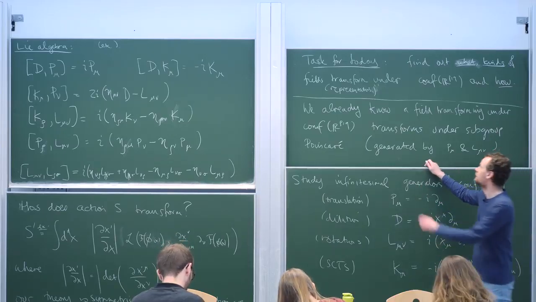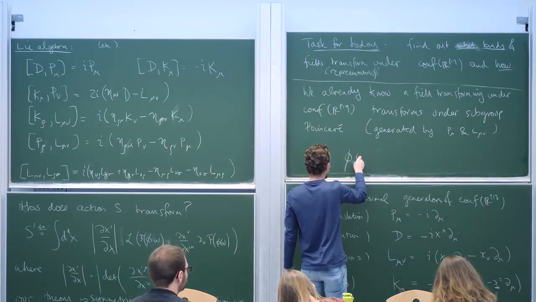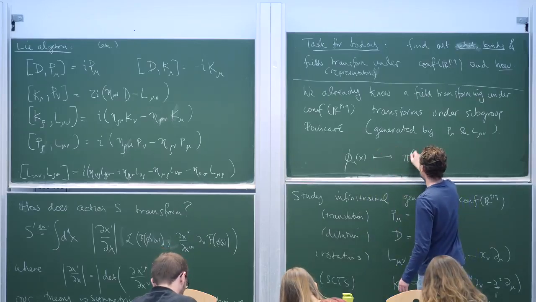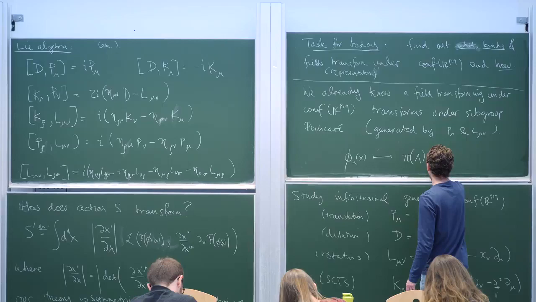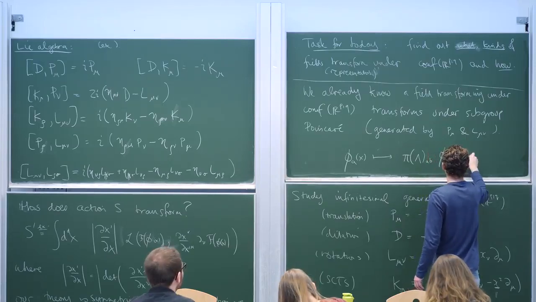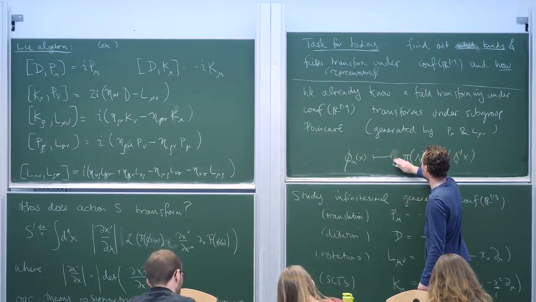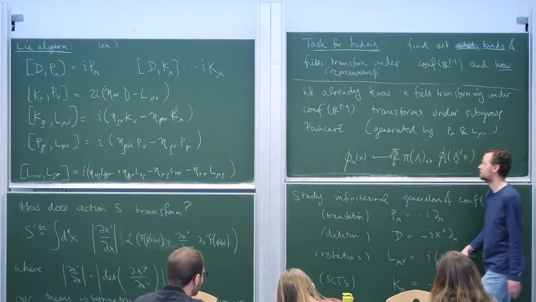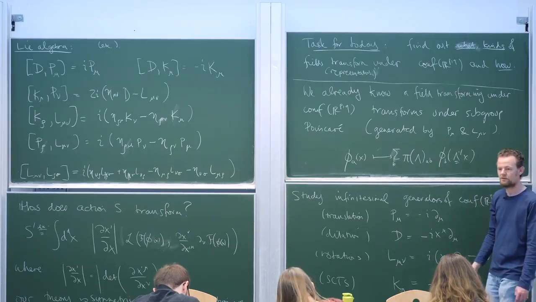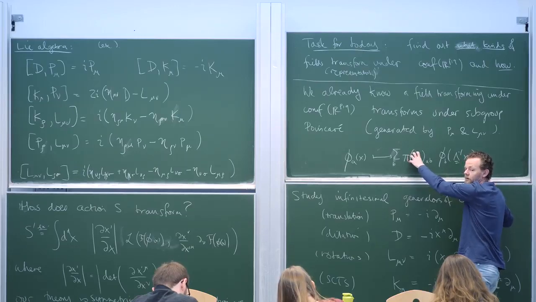If we have a field that under a general conformal transformation, here's our field with its label x, goes to pi of some lambda, a, b, phi of lambda inverse x, then by restricting only to Poincaré transformations, we know that this gives a representation of the Poincaré group.